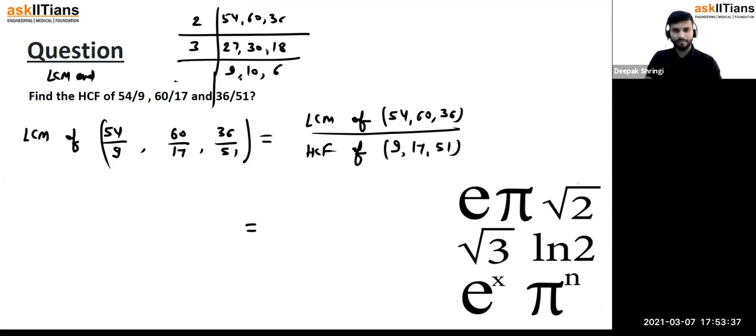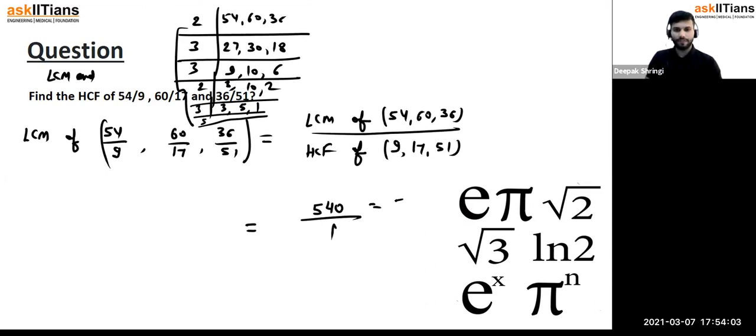Again by 3, so 3, 10, and 2. Then you will divide by 2. So you'll get 3, 5, and 1. Then a 3 again, and then a 5. So if you multiply all of them, you'll get 540. So the LCM is 540. And the HCF of the denominators is 1. So basically the LCM of these 3 fractions would be 540.